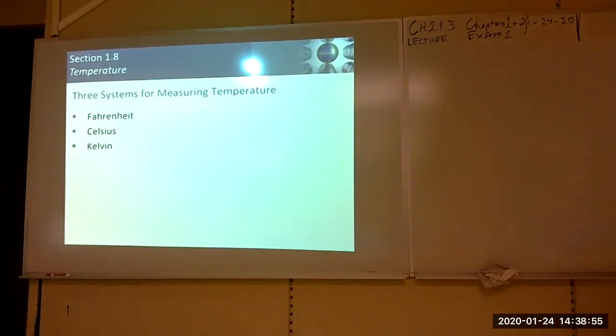So Herr Fahrenheit, when he developed the system, used living systems to define the limits of his scale. Right? So 100 degrees for him was roughly body temperature. Okay? And 0 degrees was the coldest that he could get.